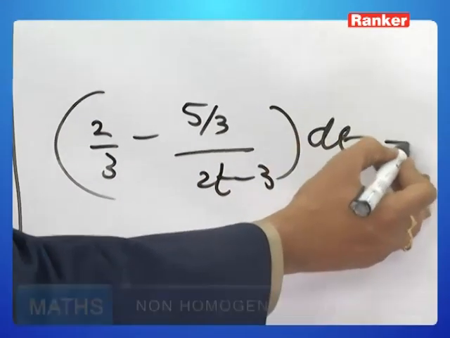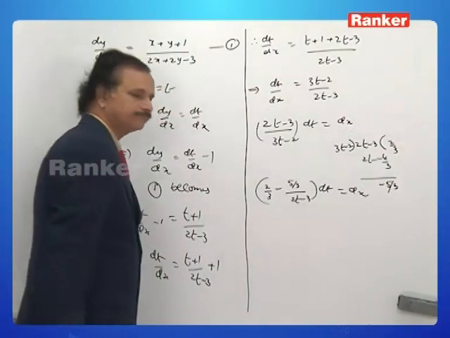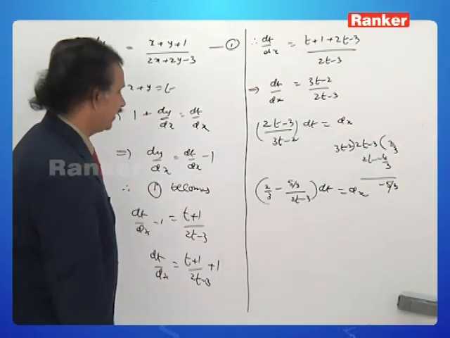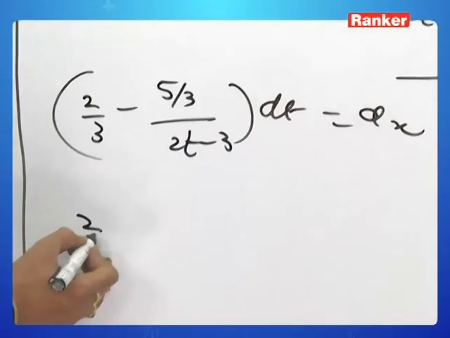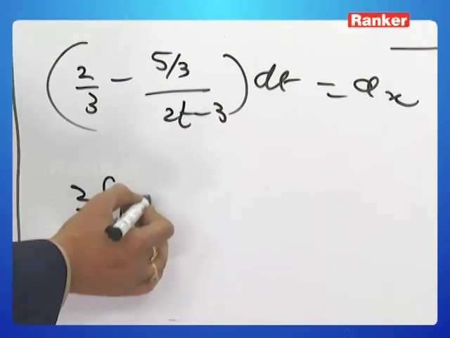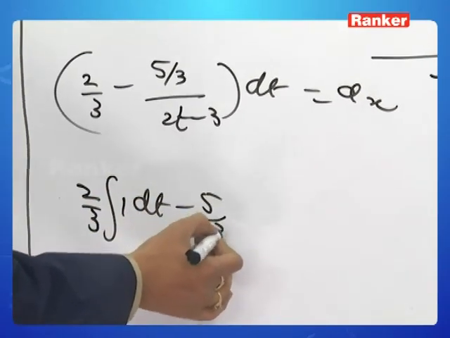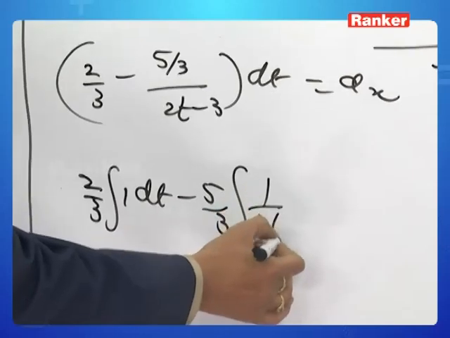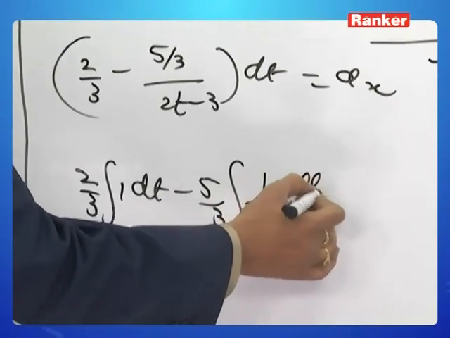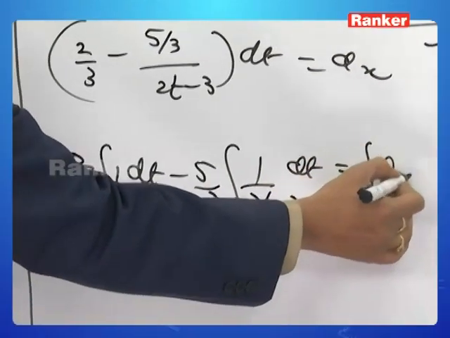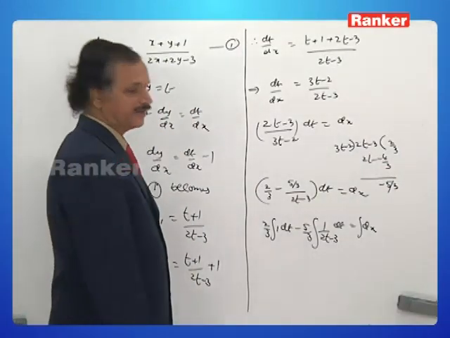dt is equal to dx. So that is 2 by 3 into integral 1, minus 5 by 3 into integral 1 by 2t minus 3 dt, integral dx is equal to integral dx.